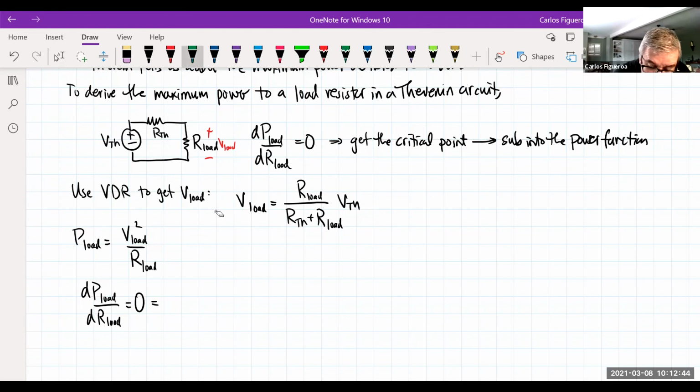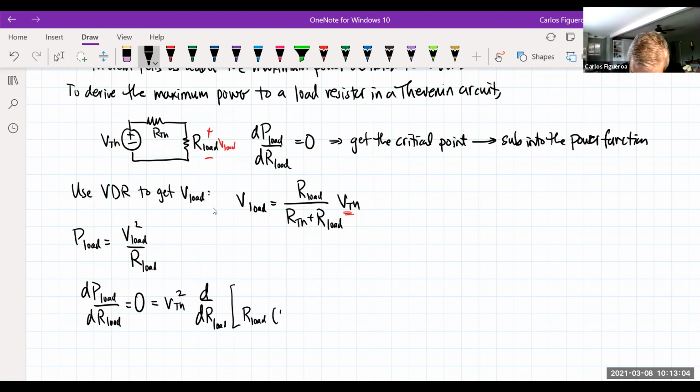I'm going to take VTH out, that's a constant. So then this becomes VTH squared. And now I'm taking the derivative with respect to the load, and you're going to see that I have that load right there. So I'm going to have R load, then I'm going to have this term squared times this guy squared.